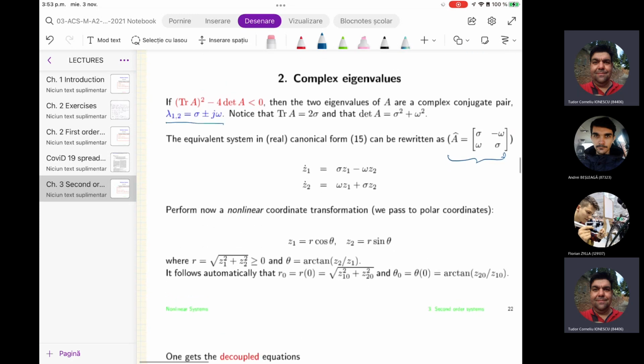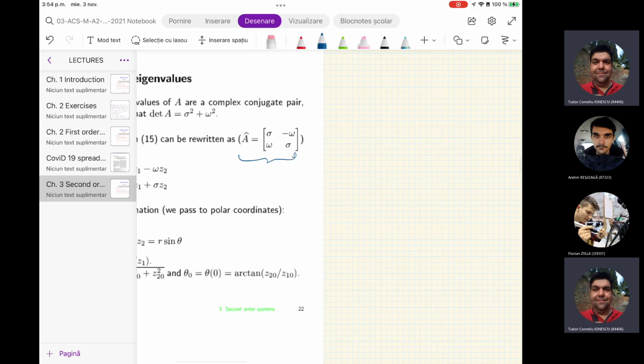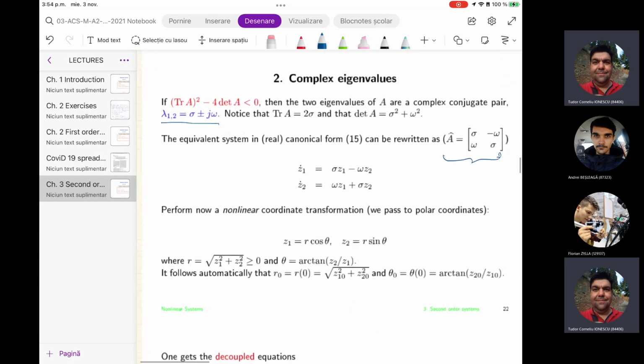Otherwise, if you just do diagonalization, you could have here sigma plus j omega, and here sigma minus j omega. But this is not good because this is a complex matrix. So I don't want to do that. That's why I'm using this real canonical form for complex eigenvalues.